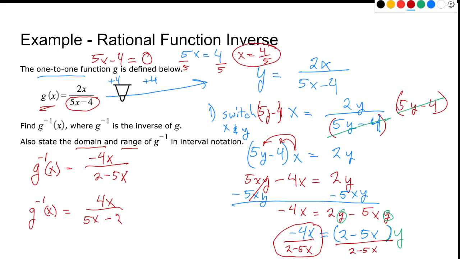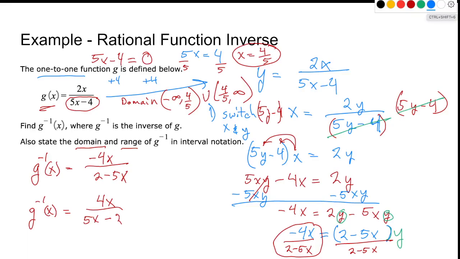So the domain up here is negative infinity to 4/5 union 4/5 to positive infinity. We take out that one value. Now that I've got the inverse function, what's easiest, at least in my mind, is to find the domain of this function, and that will give me the range of the forward function and vice versa.